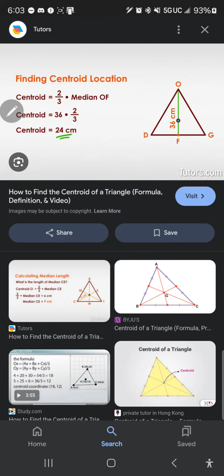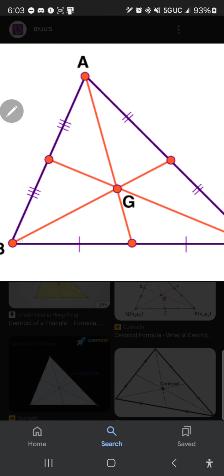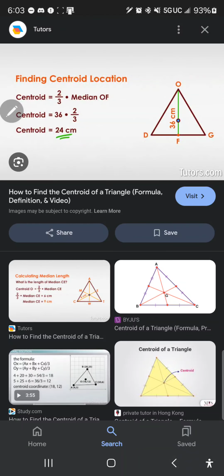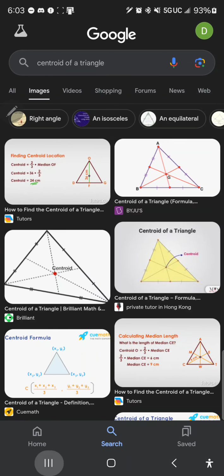Basically, as you see here, it is the line that goes from one point to the middle of the opposite side. So from B to the middle of AC. That's basically the centroid. I don't think I'm going to send the table through Discord today.